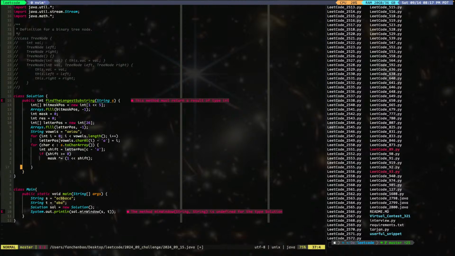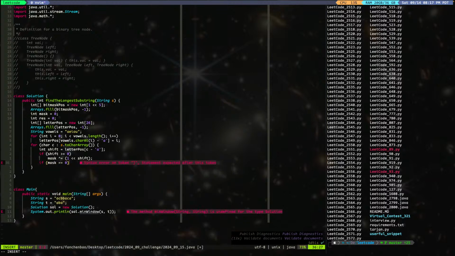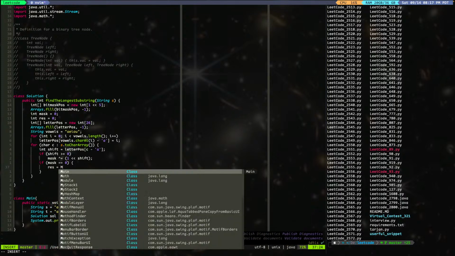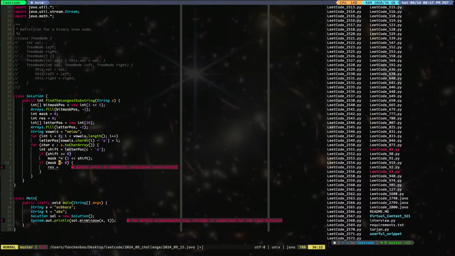All right. So what we want to do is we have the current mask, so we check the bitmask position, right? First of all, if mask is equal to 0, then res equals, oh, that also doesn't work.